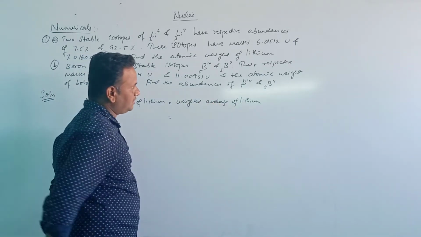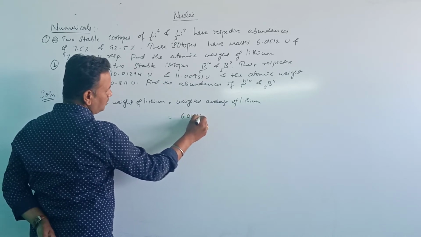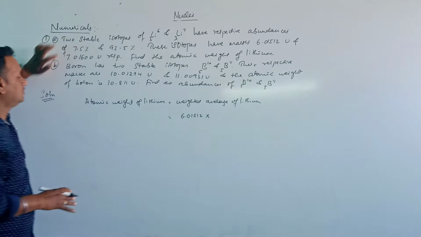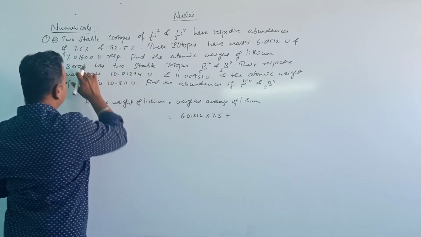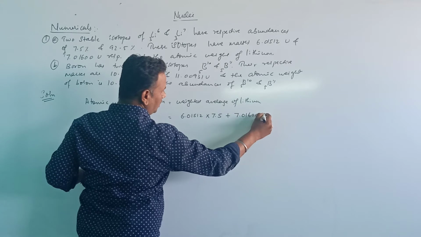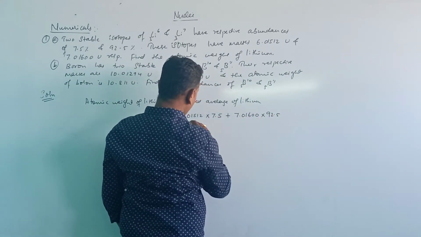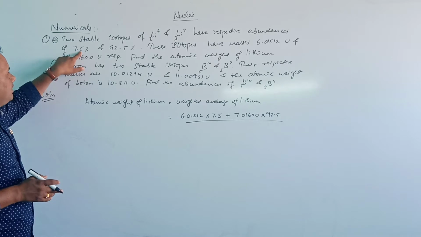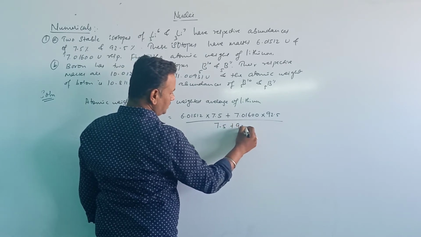So the weighted average: the mass of the first isotope is 6.01512 into its abundance 7.5, plus the second isotope mass 7.01600 into its abundance 92.5, whole divided by the sum of the abundances, 7.5 plus 92.5, which is 100.